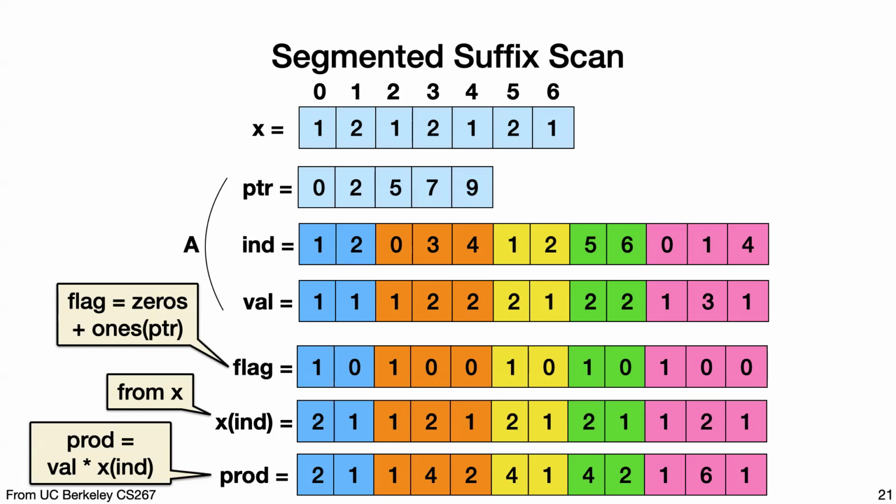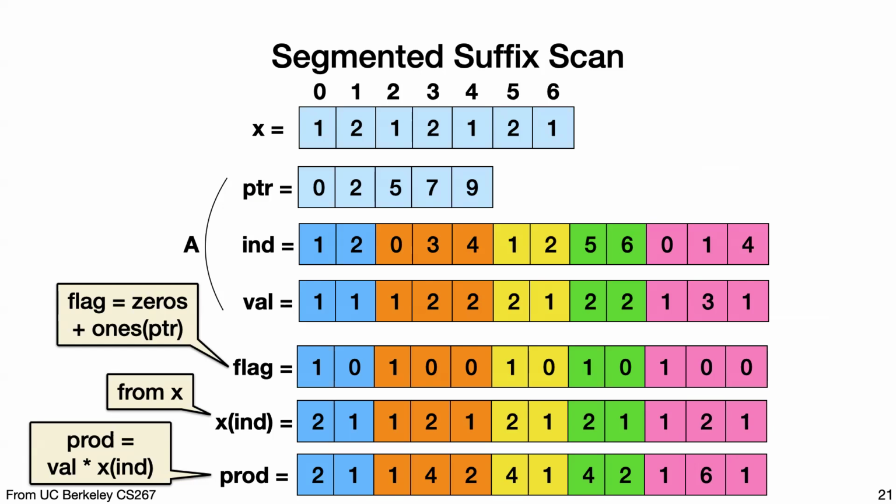And every entry in Y is a dot product between one row of A and the vector X. You can do that through a prefix sum. You can compute the products up front in parallel, which is just the product of the non-zero in A with the relevant entry in X. And if you do those in parallel, then you just need to accumulate them.